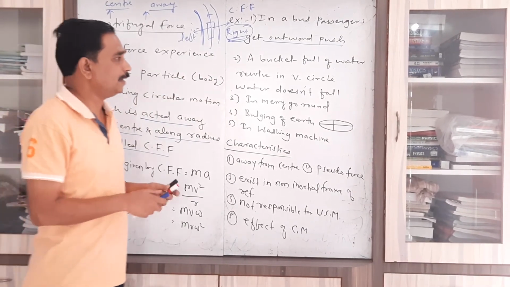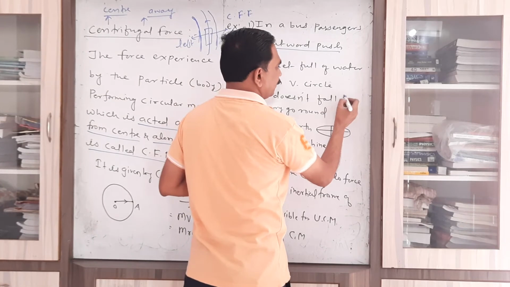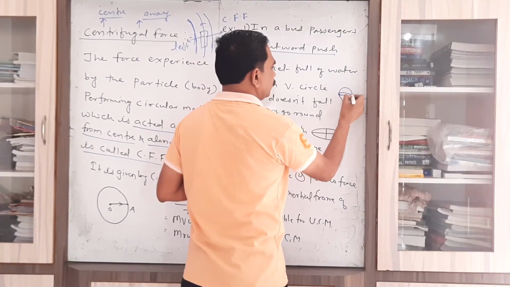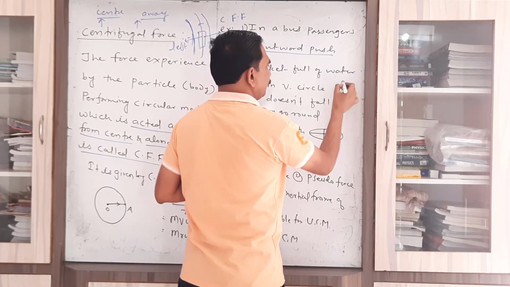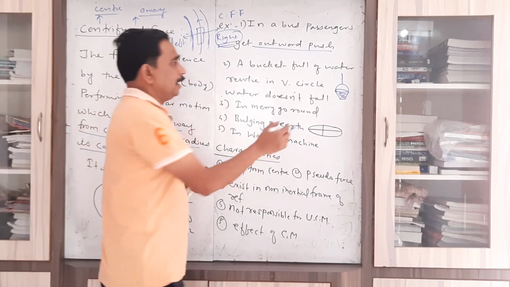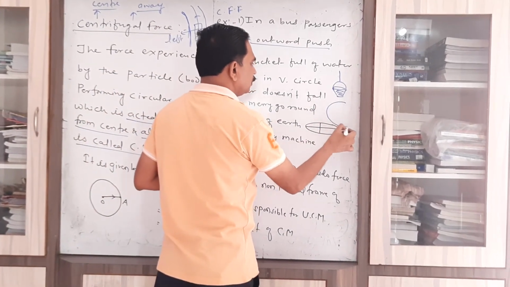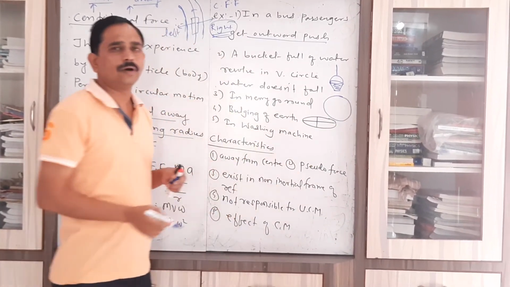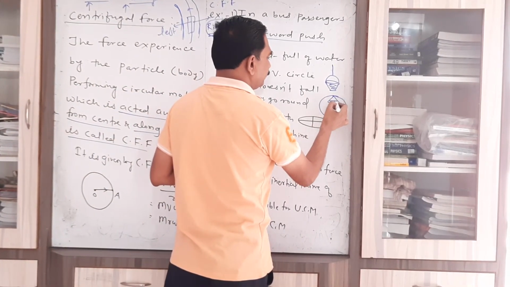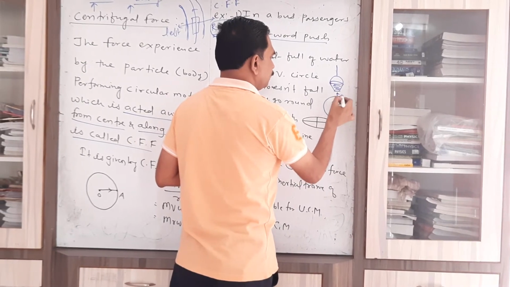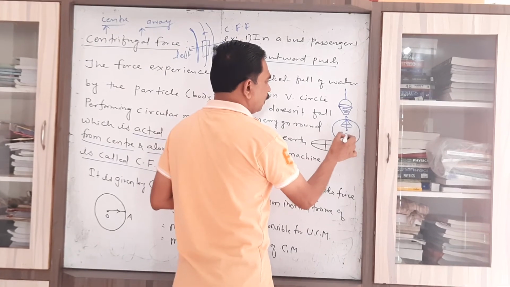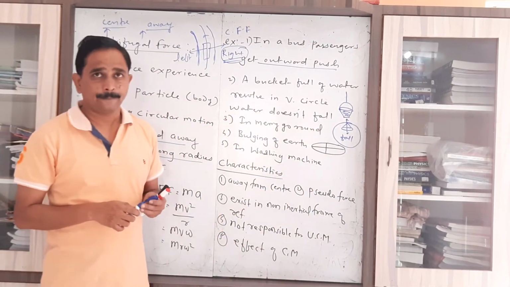A second example: consider a bucket full of water, tied with a rope and moved in a vertical circle. When this bucket reaches the top, the water doesn't fall, doesn't spill out.